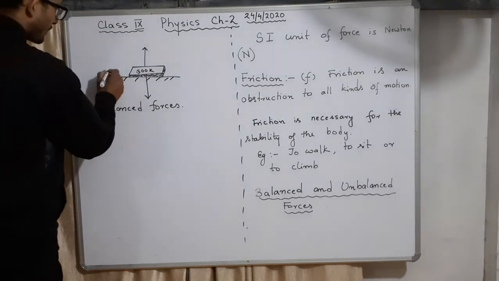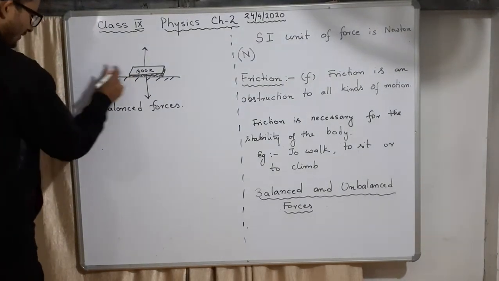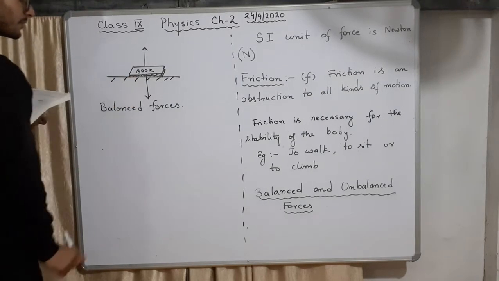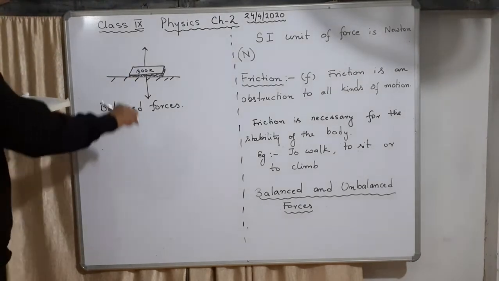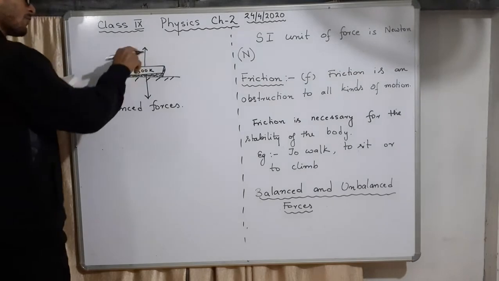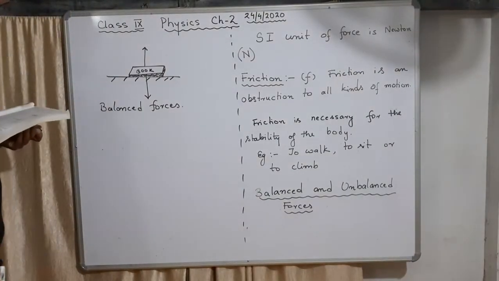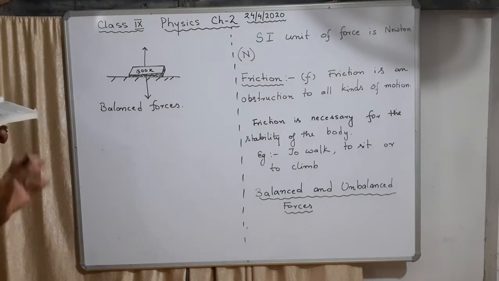Suppose we apply force in this direction, pushing, but between the book and the table, if there is a frictional force acting, and it is exactly equal to the force with which I am pushing it here, then it will still remain in the balanced force. So till that point, the balanced force will be the example.